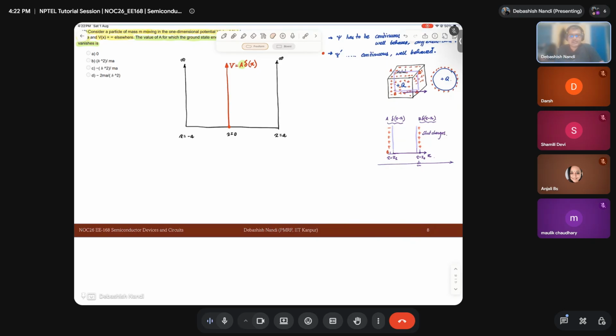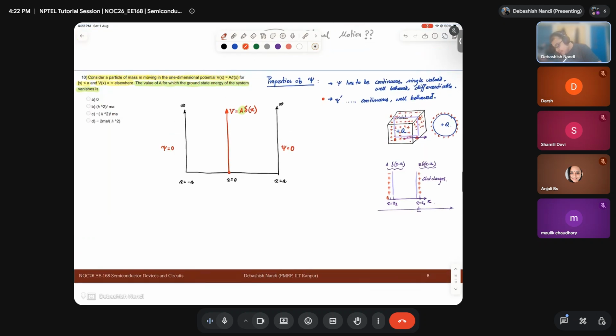Fine. So this is the scenario of the infinite potential well. Here my potential is infinity elsewhere, right? So that means this entire region is infinity. You know that in an infinite potential well, my wave function will become 0.